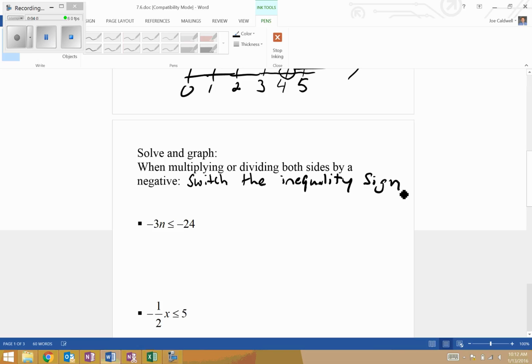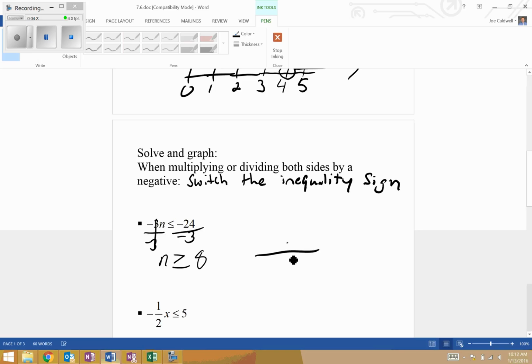And this would be an example of that. So we have to divide both sides by -3. So that means we need to switch the sign. We switched it.